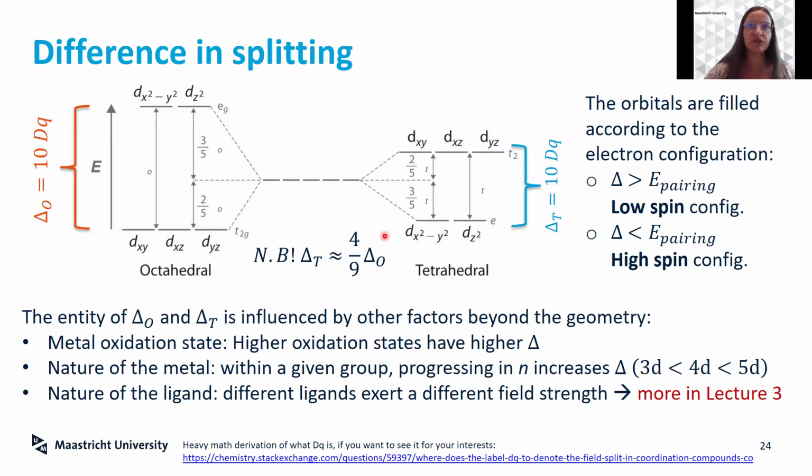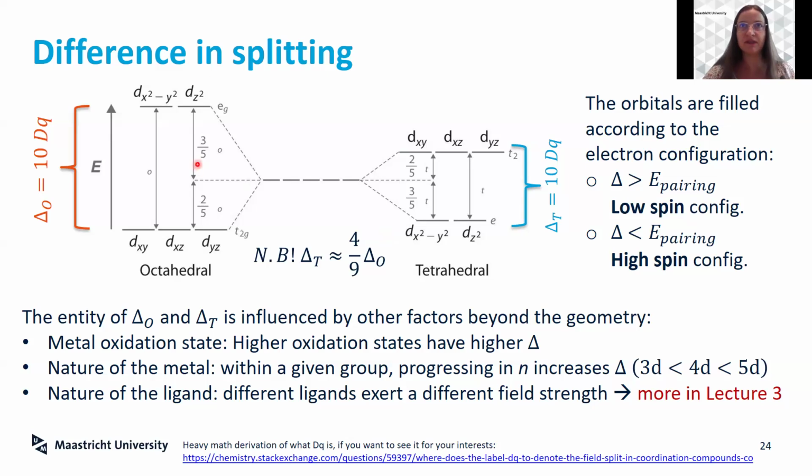Note that a feature that is very important to highlight immediately is that it doesn't matter what is going on in terms of what metal, what ligand, whatever. The tetrahedral configuration has a split that is always smaller than the one of the octahedral because of this alignment and misalignment of ligands.